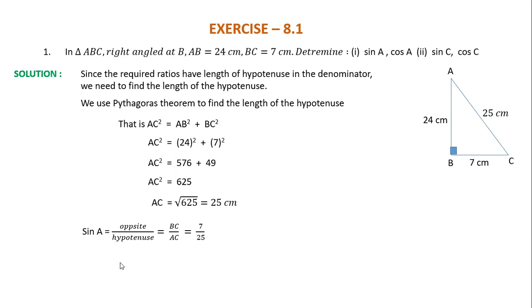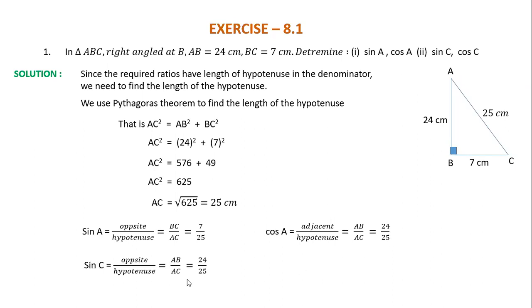BC is 7, AC is 25. So sine of angle A is 7 upon 25. Cos of angle A is adjacent upon hypotenuse. Adjacent is this side, and AC is this. So AB upon AC, that is 24 upon 25.